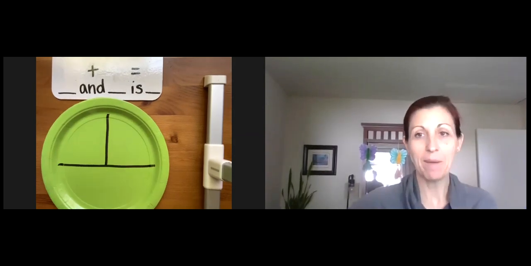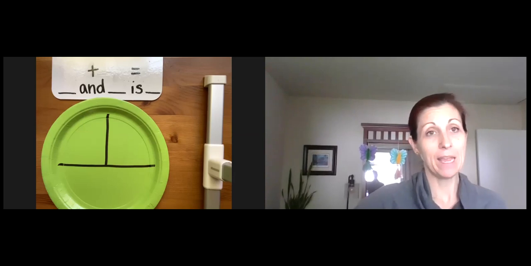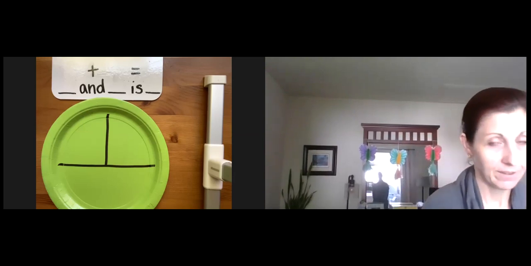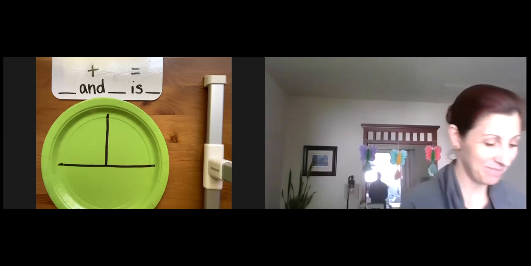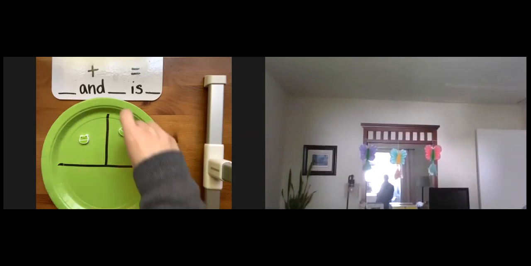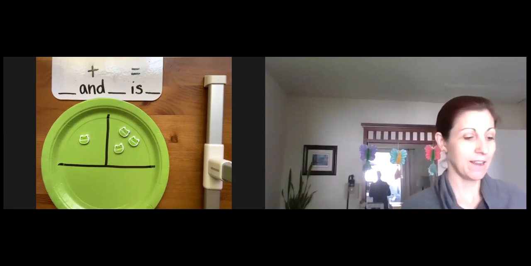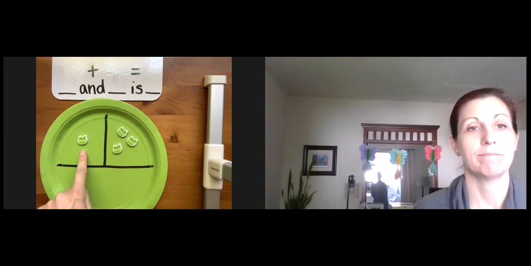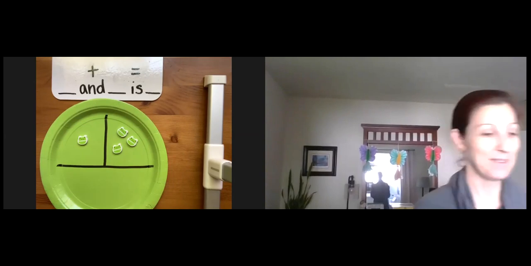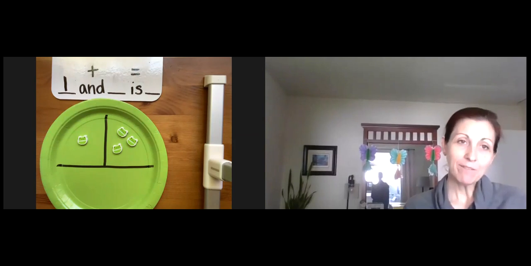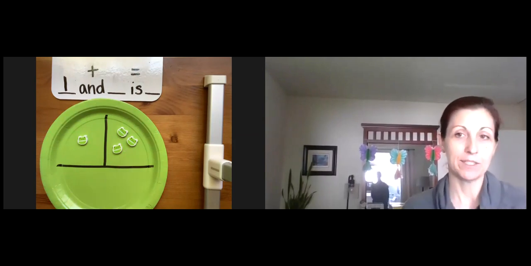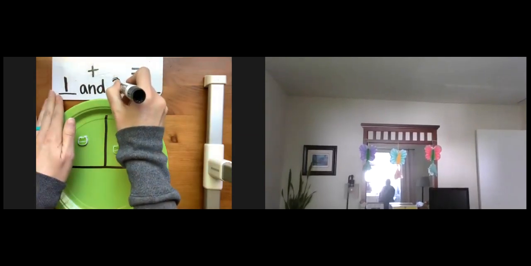All right, this time I'm going to figure out how many frogs are on my whole lily pad. How many's in my first part? 1. And how many frogs are in the other part? 3.